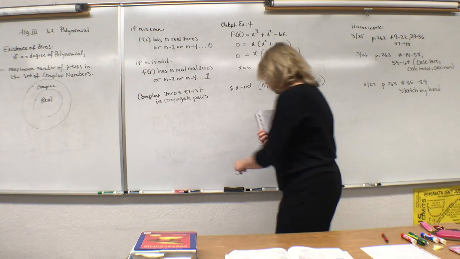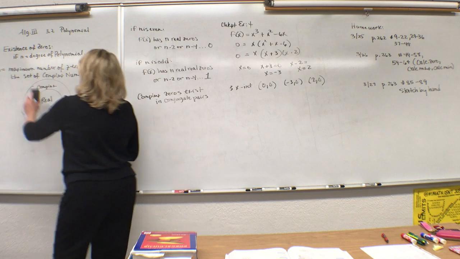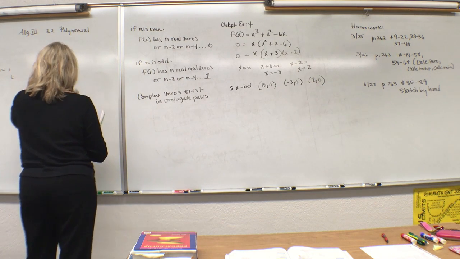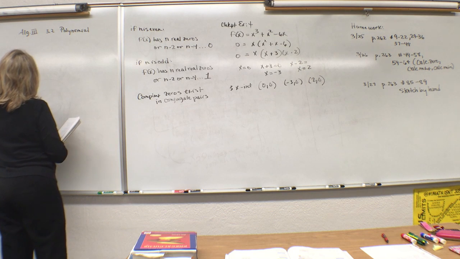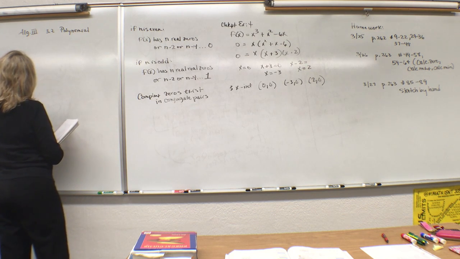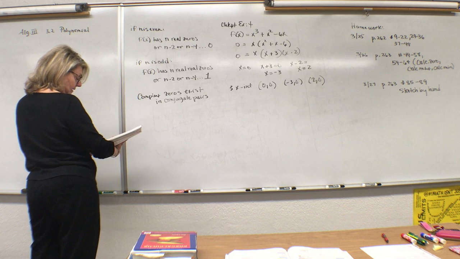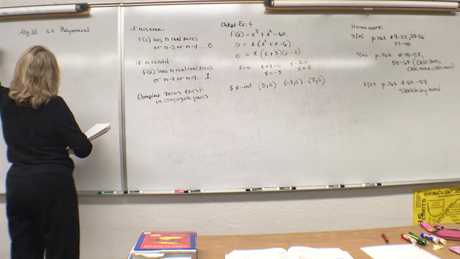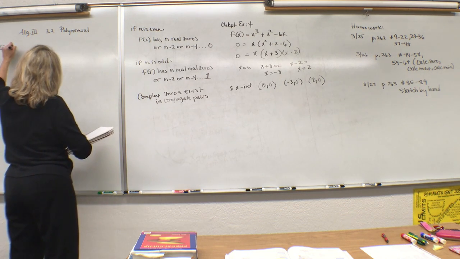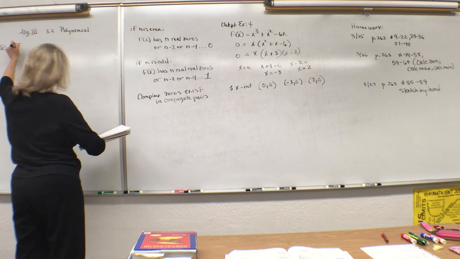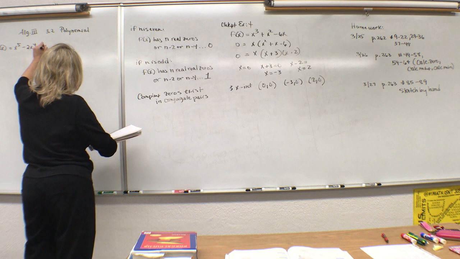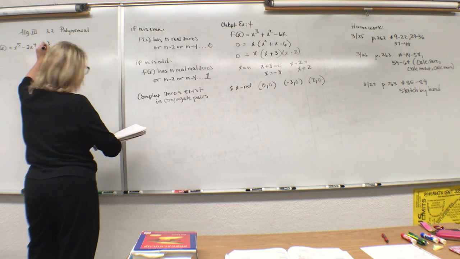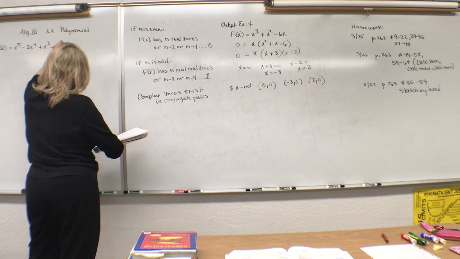Let's take a look at example number 6. This one is a little bit more complicated. Example number 6 says f of x equals x to the 5th minus 2x to the 4th plus x cubed minus 2x squared.